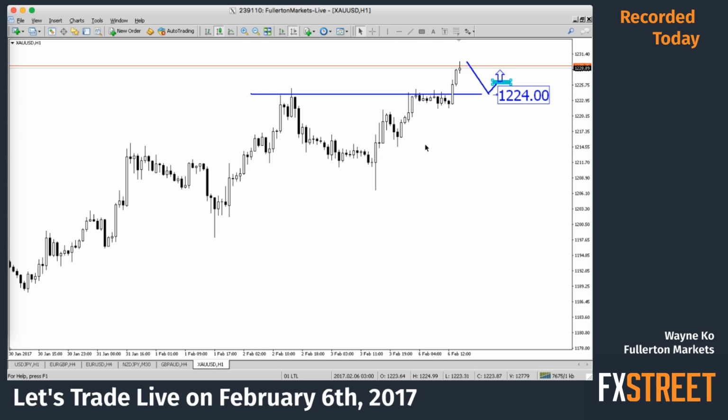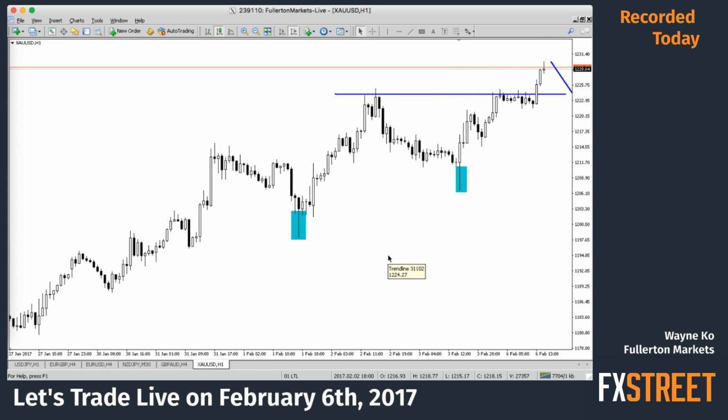So again, for gold, I like to highlight the volatility. You'll notice all this shadow over here. These are the shadows that can easily take out any tight stop loss placed by traders.